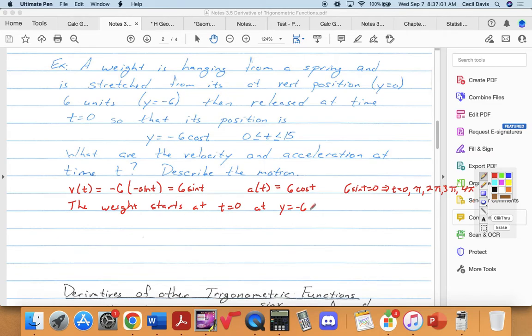So it starts at this position, then moves upward until it reaches its maximum height.